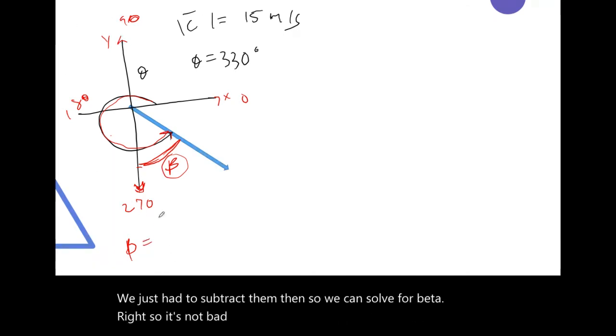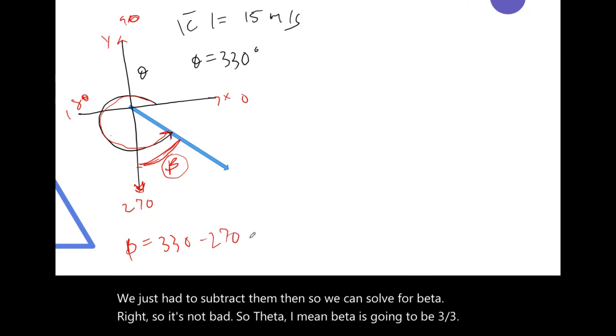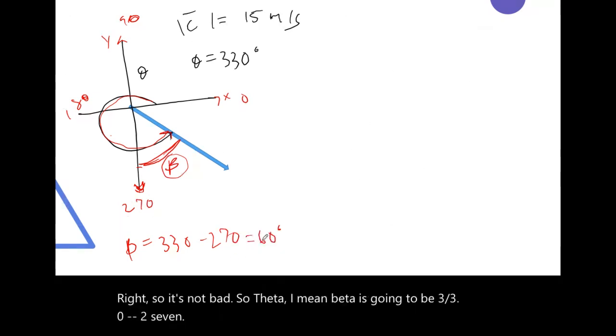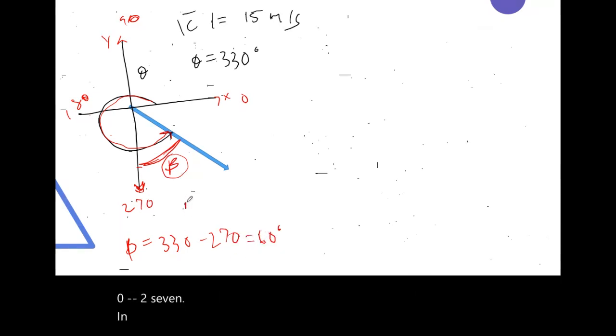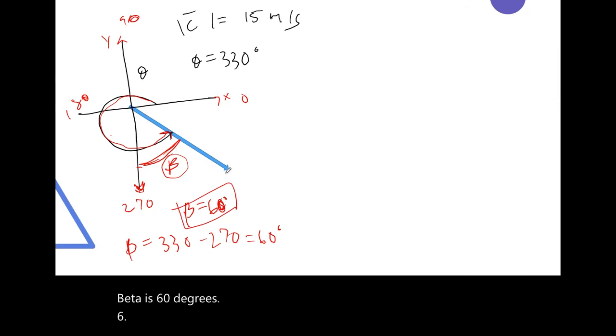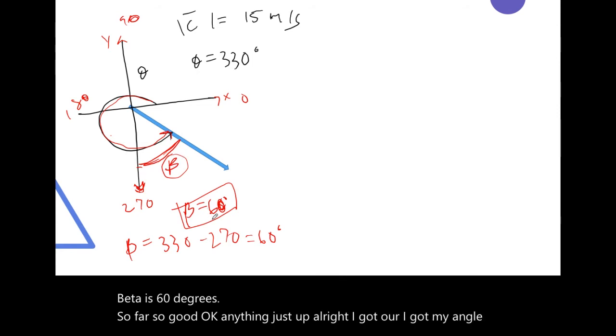So beta is going to be 330 minus 270. It's 60. Beta is 60 degrees. So far so good.